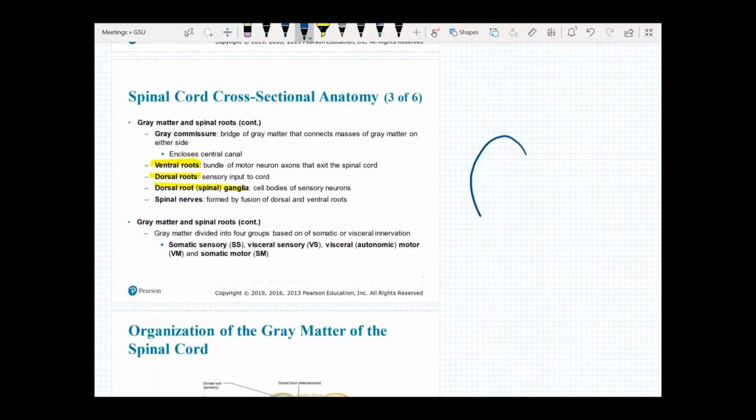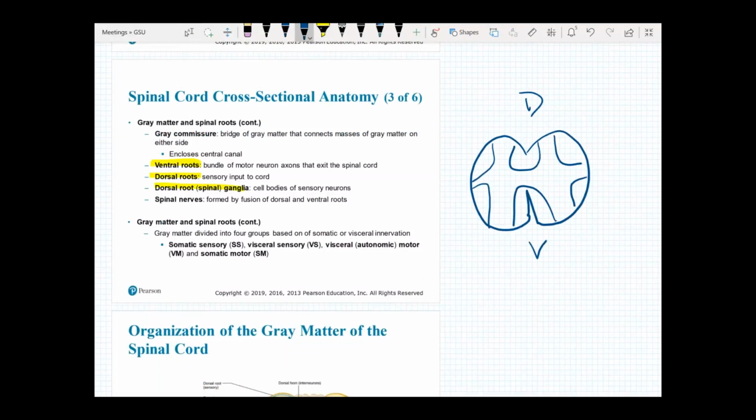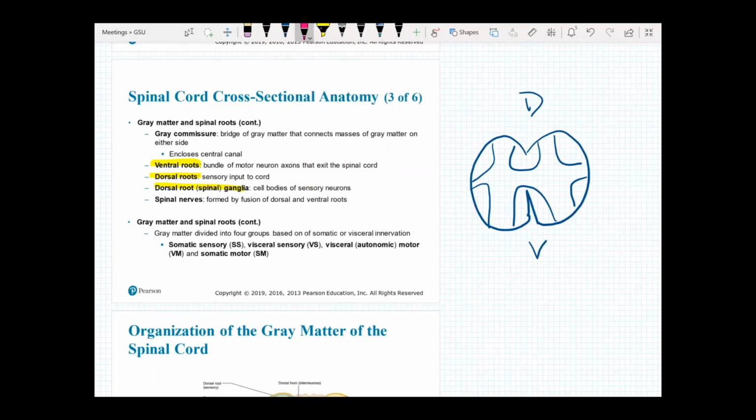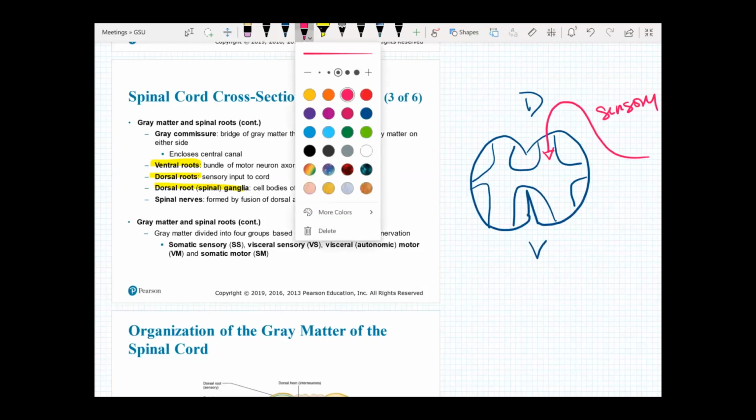So if this is my dorsal side and this is my ventral side, here's my gray matter, it looks like this. Coming into this, we are going to have a ventral and a dorsal root. So the dorsal, like we said, is carrying sensory information. So it is going to come in this way. So this is going to be our sensory. This is our dorsal root because it is carrying incoming information.